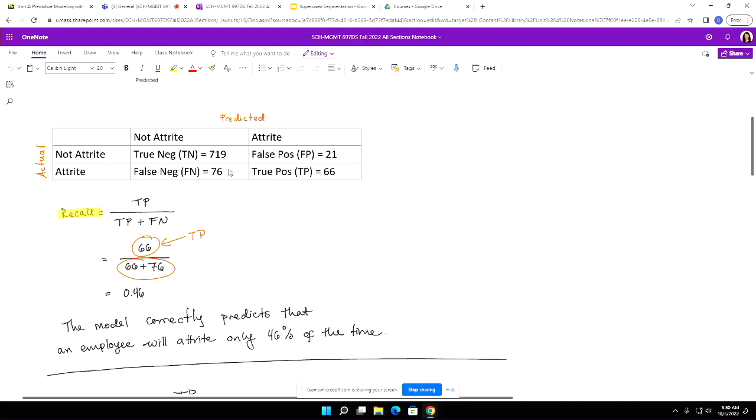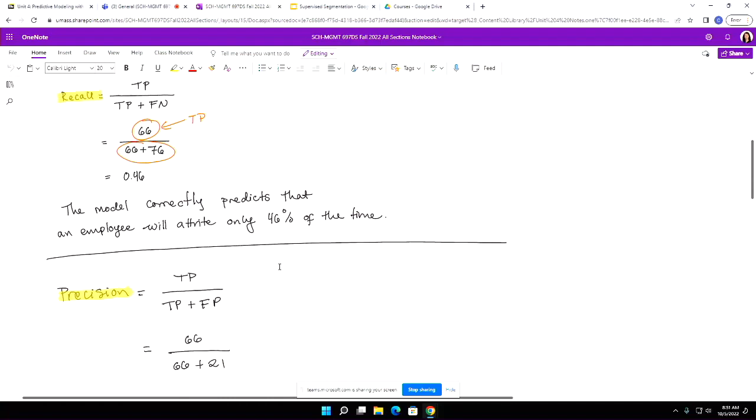So recall gives us a measure of the percentage of actual attritions that are correctly predicted. The model correctly predicts that employees will attrite only 46% of the time. You might want to think about whether that is good or bad. Probably not that good, so there may be some improvements necessary. That's recall, and we will revisit this.